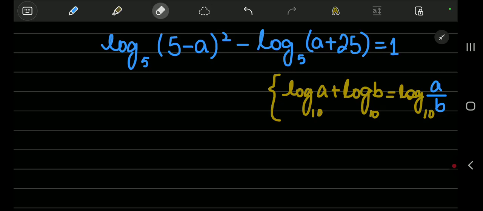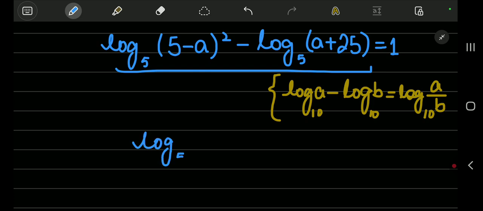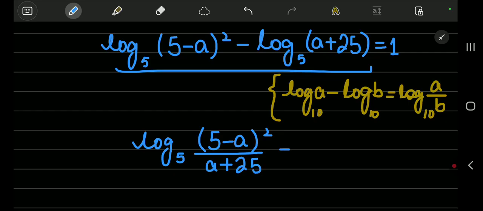This is what we apply on these two. So it will become log with base 5 of (5 minus a) squared over (a plus 25) equals 1. Okay, now how do you solve it?